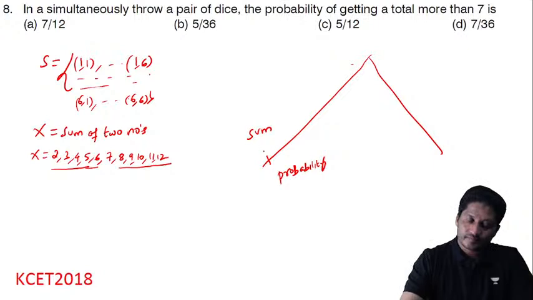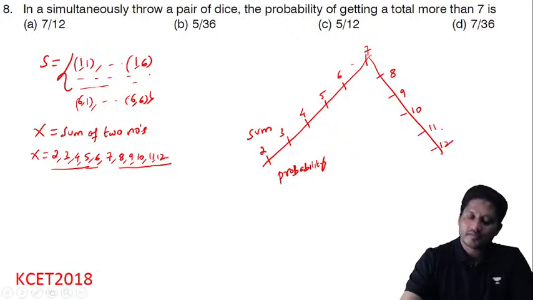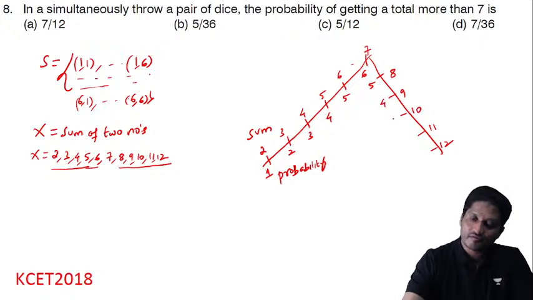This is sum 2, 3, 4, 5, 6, 7, and this is 8, 9, 10, 11, and 12. This will be the sum. For probability, I'll write 1, 2, 3, 4, 5, and then in reverse, 5, 4, 3, 2, 1.